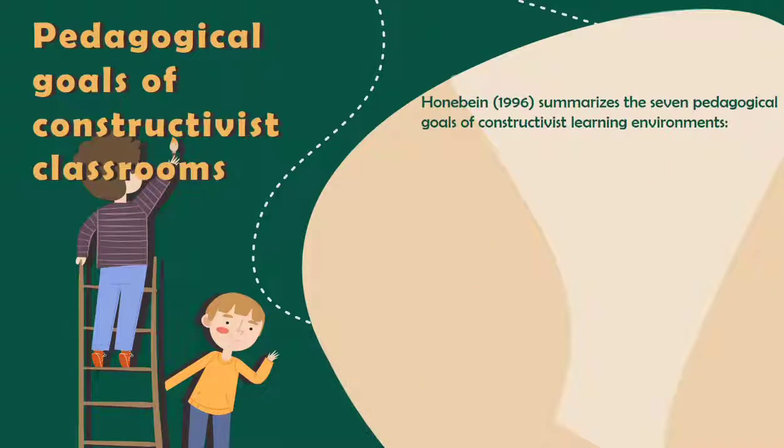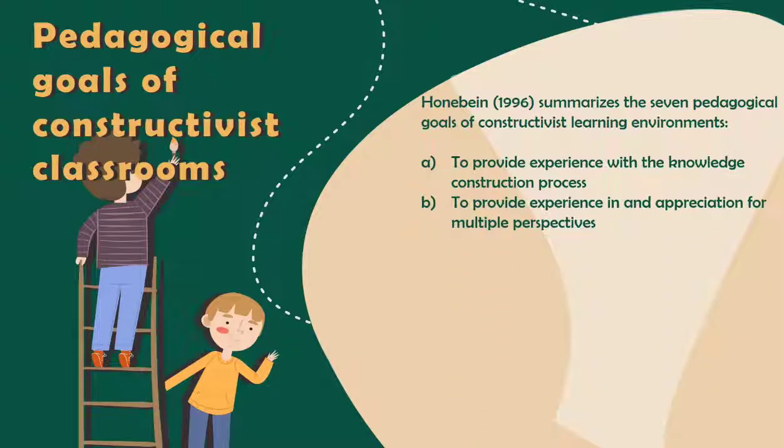Alright, then the pedagogical, and that is teaching, goals of a constructivist classroom. Honebein 1996 summarizes the 7 pedagogical goals of a constructivist learning environment. First, to provide experience with the knowledge construction process, so students determine how they will learn. Second, to provide experience in and appreciation for multiple perspectives.